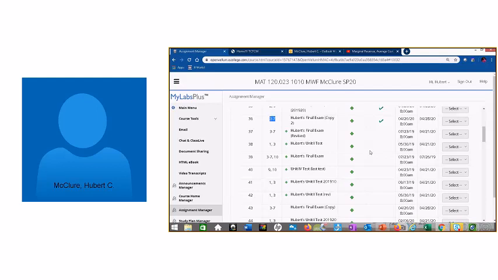So 3, 4, 5, 6, and 7. I didn't put any 9 on there. Unless you want me to put 8 and 9 on there, I will. I can go back and change it right quick. You want me to put 8 and 9 on there? She's typing something.